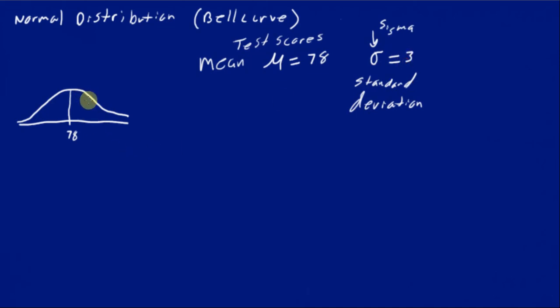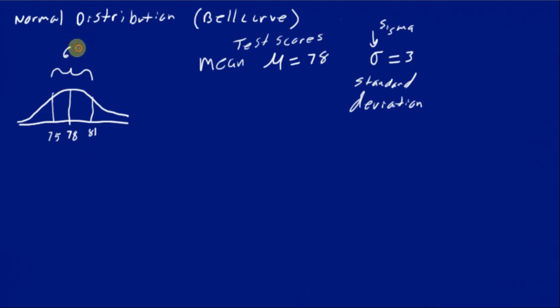Now, what a standard deviation means is this is broken into groups, and this is one standard deviation above the mean. So if we add 3 to 78, that would be a score of 81. If we subtract 3 from 78, that would be a score of 75. So this is one standard deviation above the mean and one standard deviation below the mean.